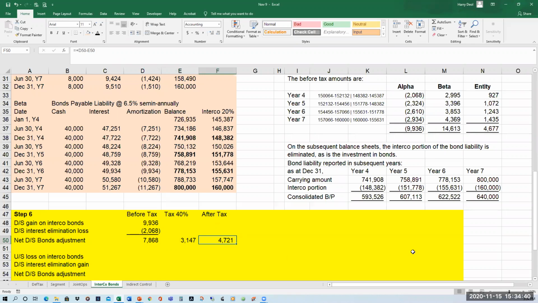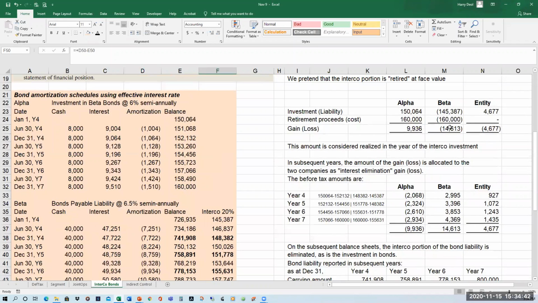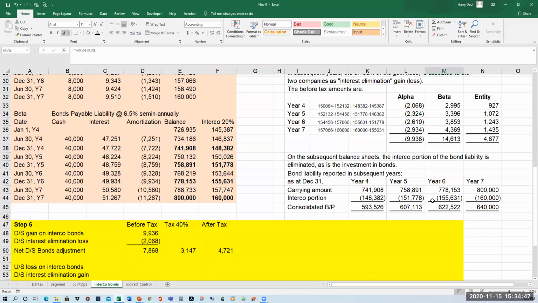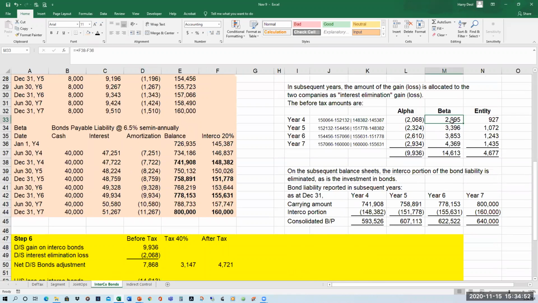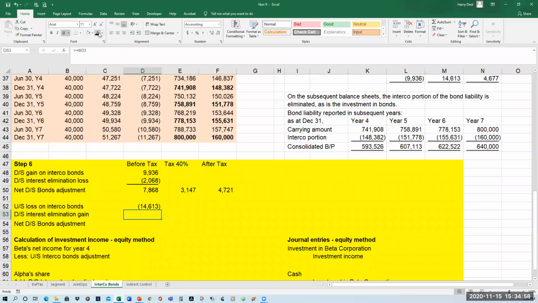For the upstream, beta is initially allocated a loss of $14,613, which is partially reversed in the form of an interest elimination gain, $2,995. The net amount of the adjustment is $11,618 before taxes. Taking a tax rate of 40%, we get an after-tax adjustment of $6,971.